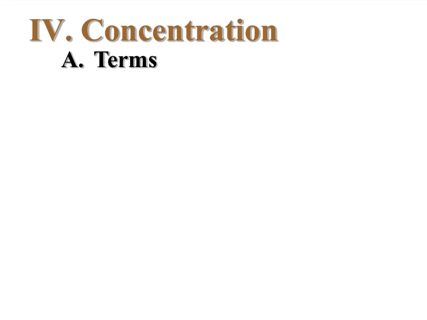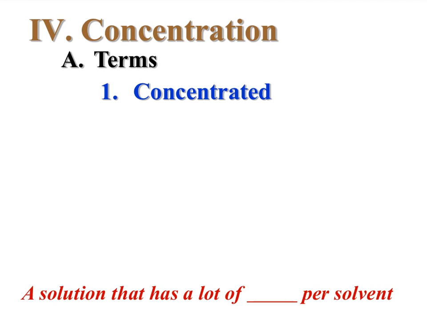Concentration. Now this is going to be a key part of why we're doing all this solution solute business. How concentrated is something? We've talked about this already. A solution that has lots of solute per solvent is concentrated. So when we're talking about concentration, how do we measure this amount?